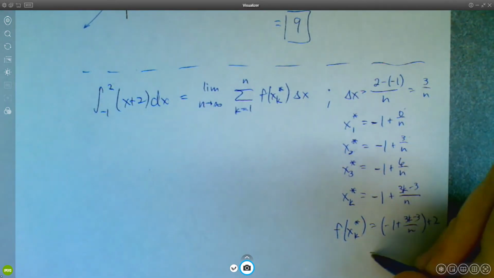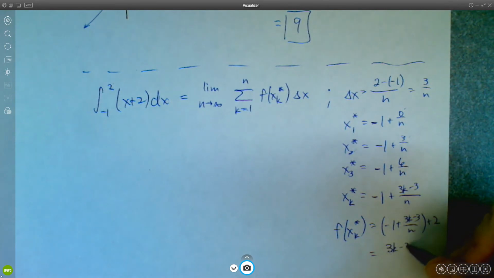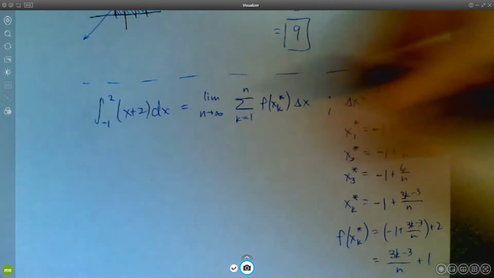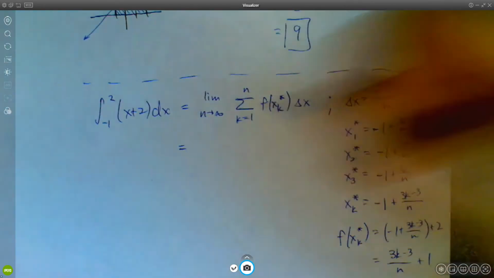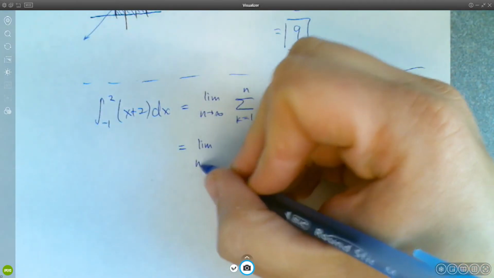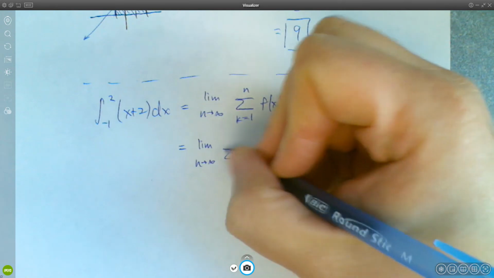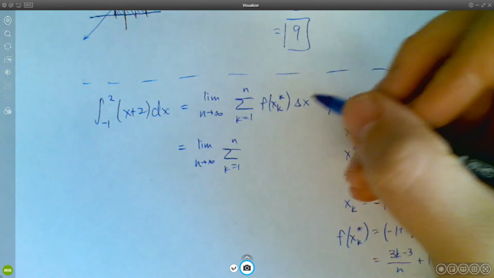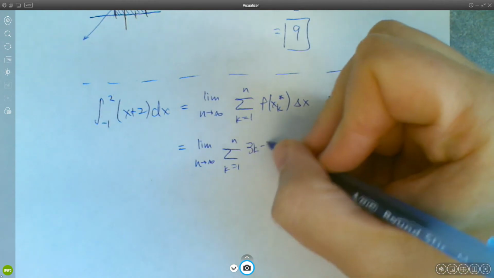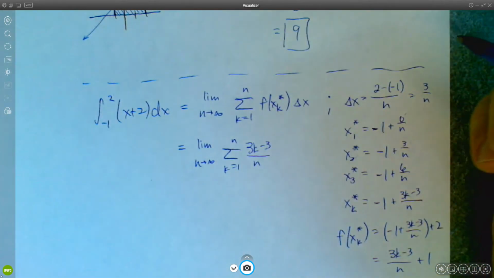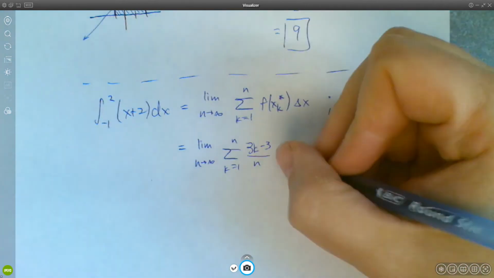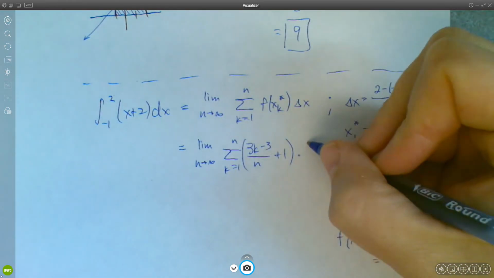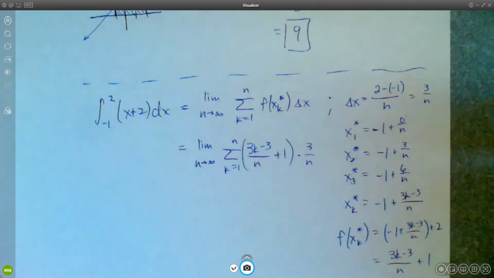So in other words, that would just be 3k minus 3 over n plus 1. So we could continue on here now. We could say this is the limit as n goes to infinity of the sum from k equals 1 to n of 3k minus 3 over n plus 1 times delta x, which is 3 over n.